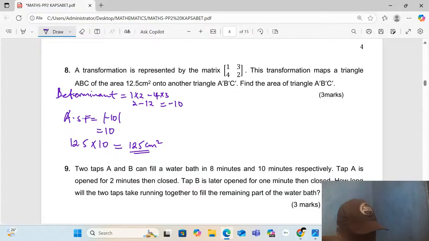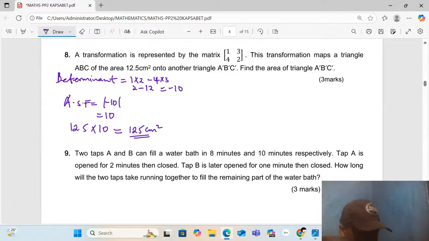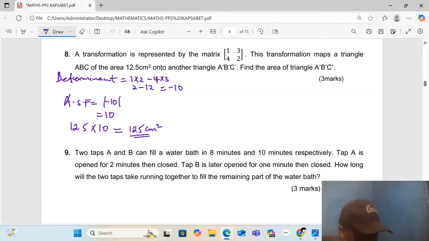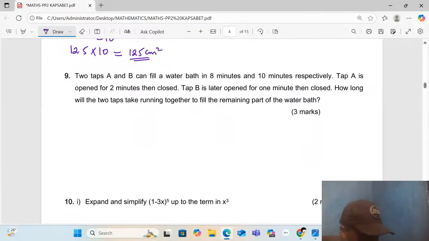So that is the area now of the image, which is A prime, B prime, C prime. Then we move to question number 9.